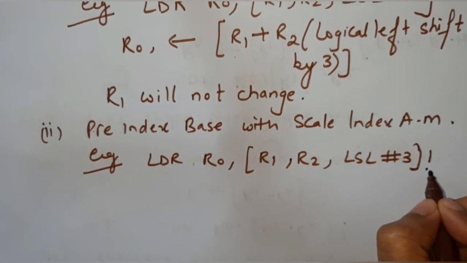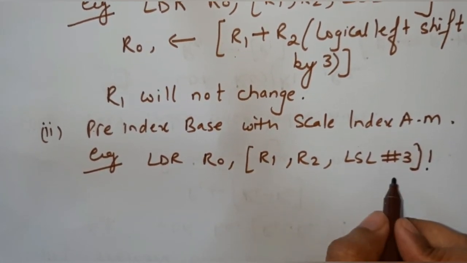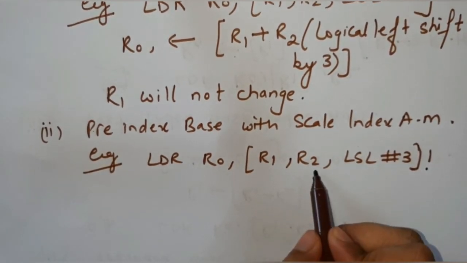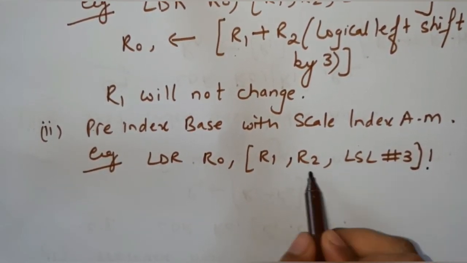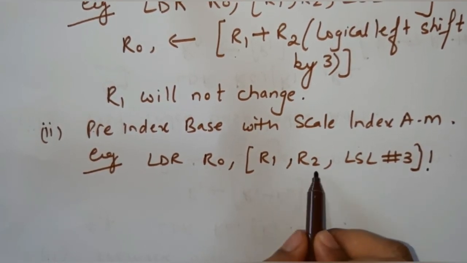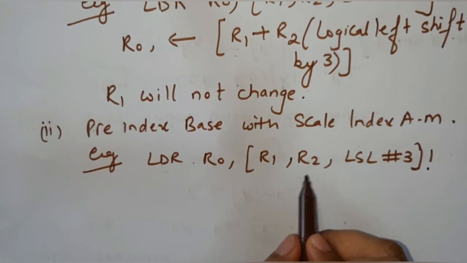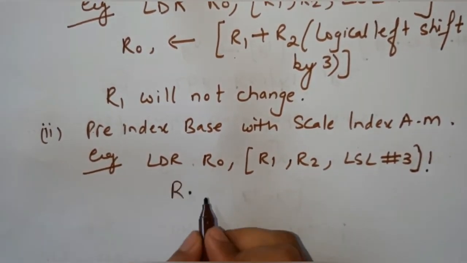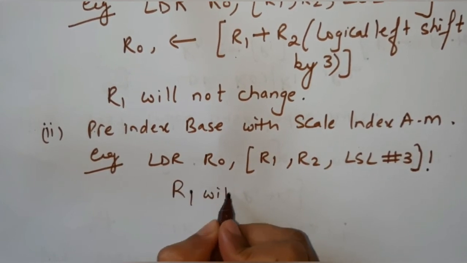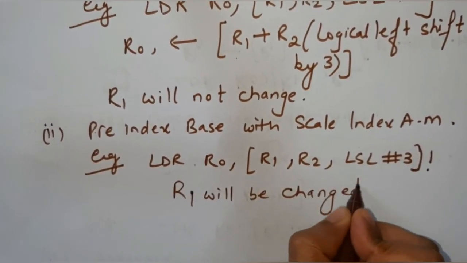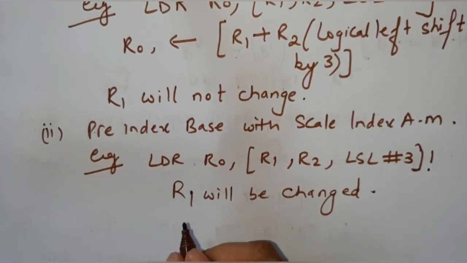So this means first the scaling is done. The content of R2 is shifted left by 3 and then these two register values will be added. The content of the new location will be loaded to the register R0. So here R1 will be changed.